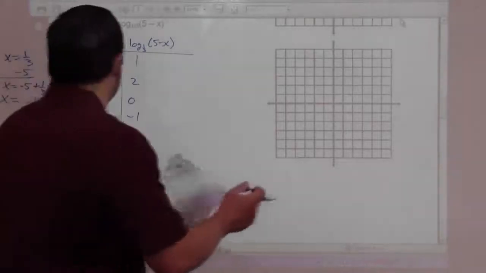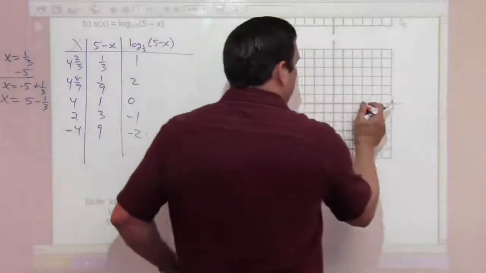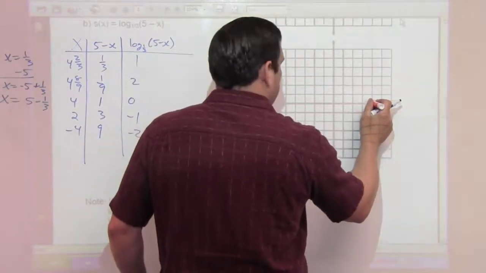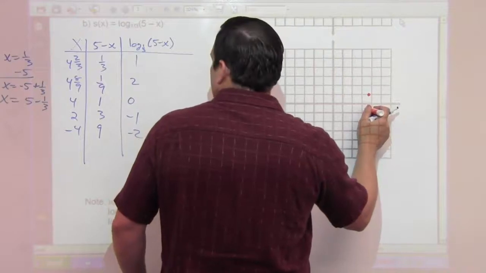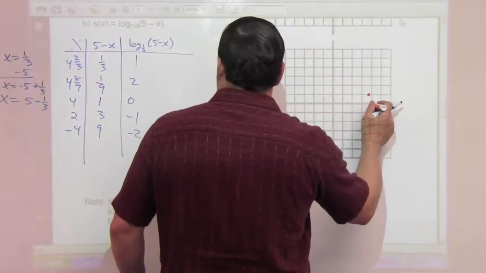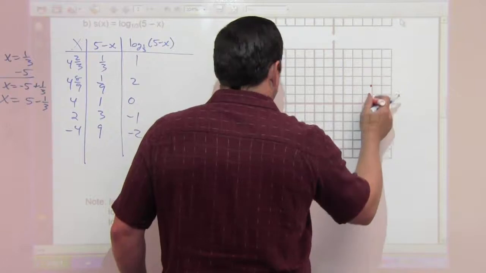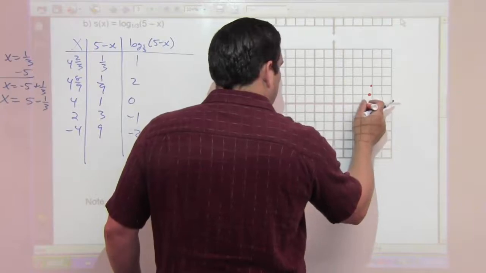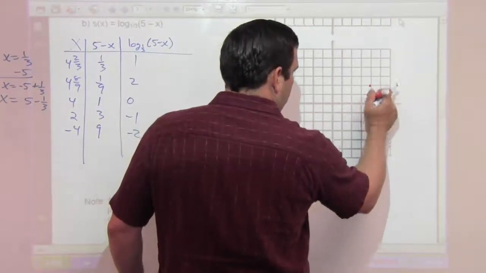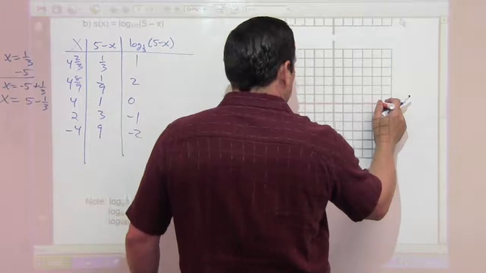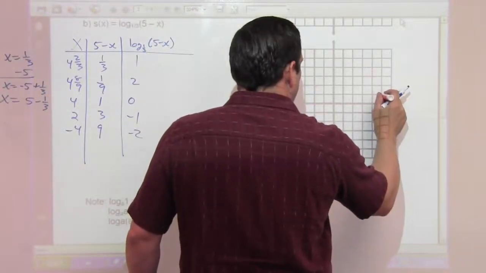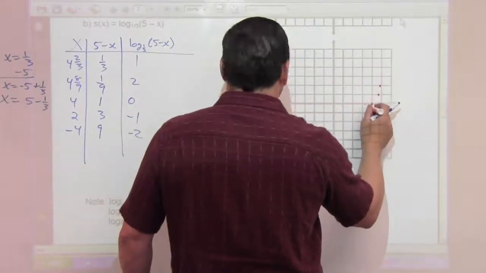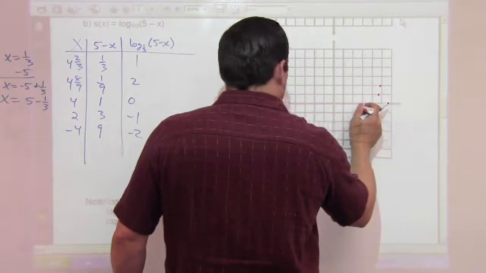Let's try plotting this. So x being 4 and 2/3 corresponds to 1. x being 4 and 8/9 corresponds to 2. 4 corresponds to 0. 2 for x corresponds to -1.